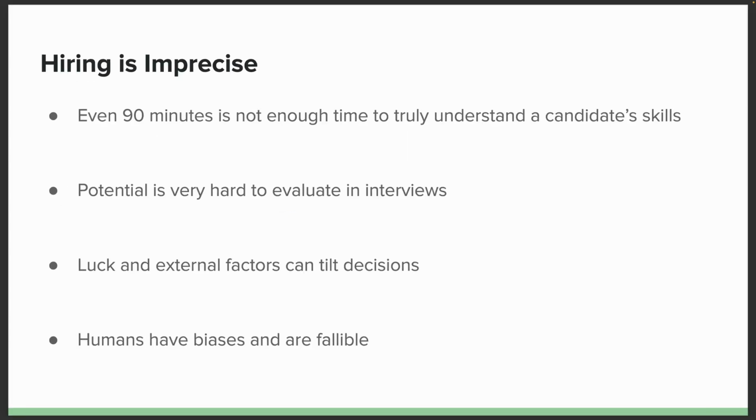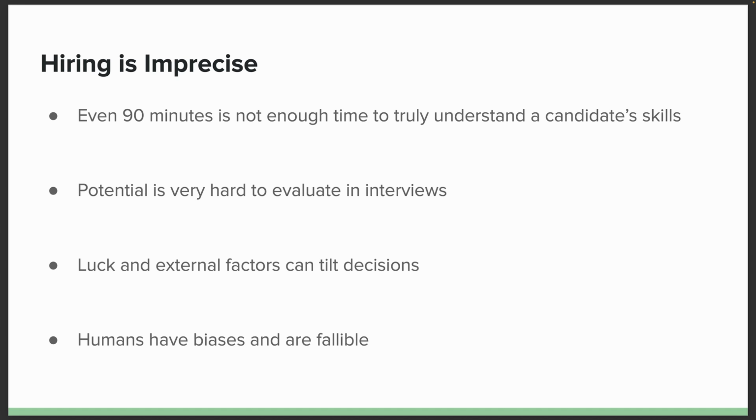One thing I would really like to make clear as we get into this process is that hiring is very imprecise. As much as we try to put rigor into it, and as much as we try to do our best to make it as good an outcome as possible, hiring is challenging. Even 90 minutes is not enough time to truly understand a candidate's skills.